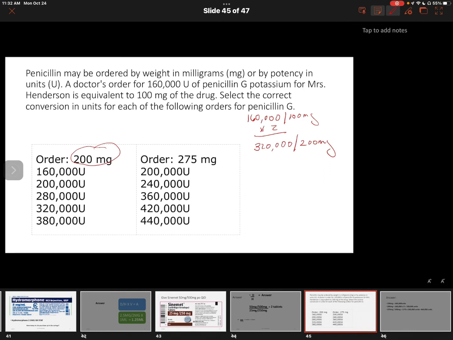Now you have the 275. So if you have 275 milligrams, and what you have on hand is 100 milligrams, then you're going to divide the 275 by 100. You come up with 2.75.